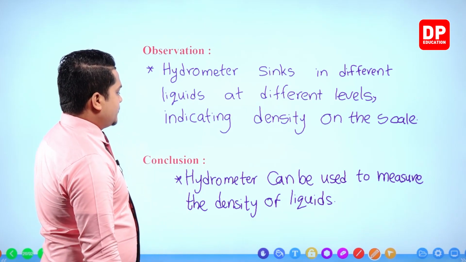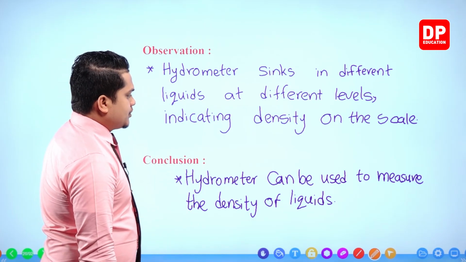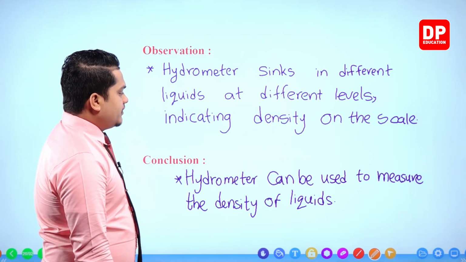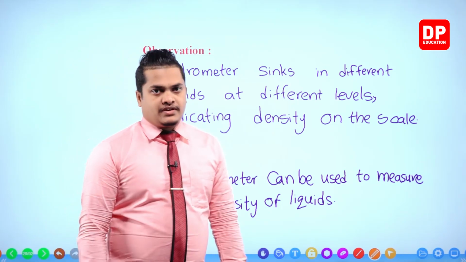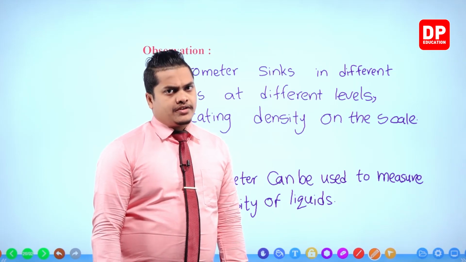So this is the conclusion. Hydrometer can be used to measure the density of liquids. To measure the density of different liquids, we can use the hydrometer.